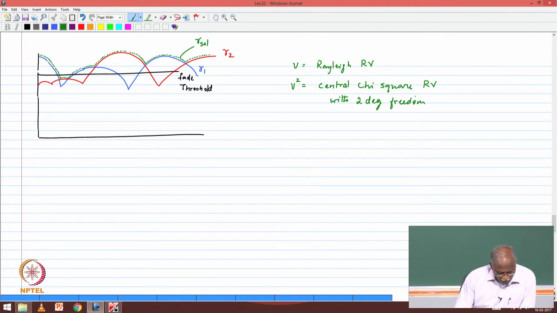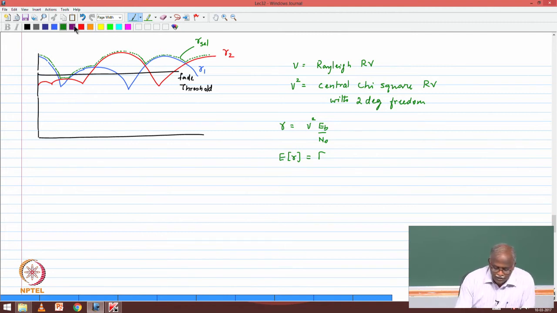And the reason we work with this one is because the instantaneous SNR can be written as the envelope squared times Eb by N naught. And the expected value of gamma is denoted by uppercase Gamma.